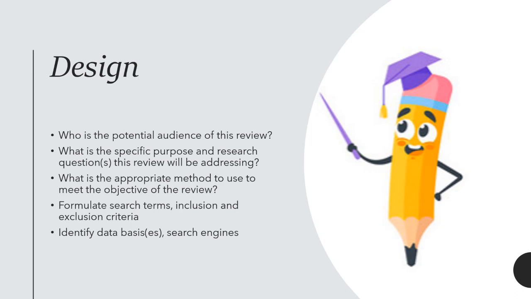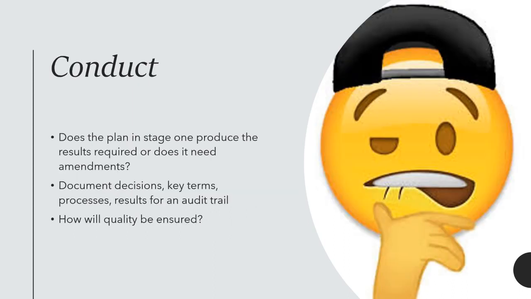There's quite a number. We also talked about formulating your search terms, your inclusion and exclusion criteria, and identifying databases or search engines that you're going to approach. So that's all in the design and planning phase.